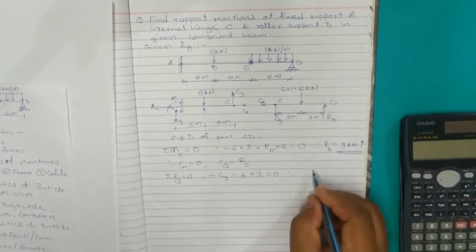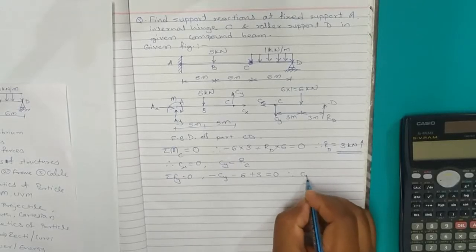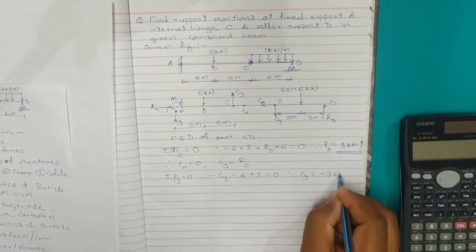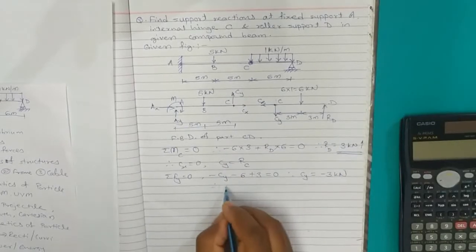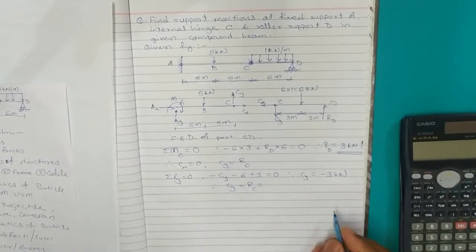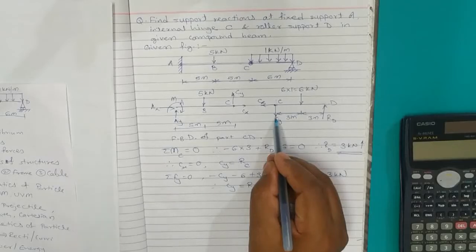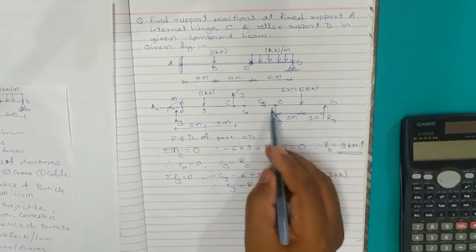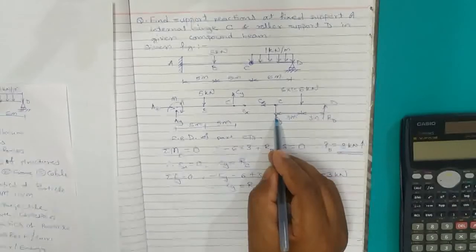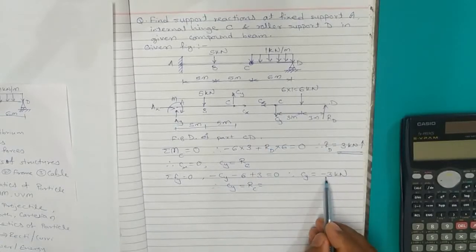So now we have Cy equals minus 6 plus 3, that is minus 3 kilonewton. So Cy, which is Rc itself, is minus 3. Whatever direction we assumed for Cy in member CD, the downward direction, is wrong because we have got a minus sign here.